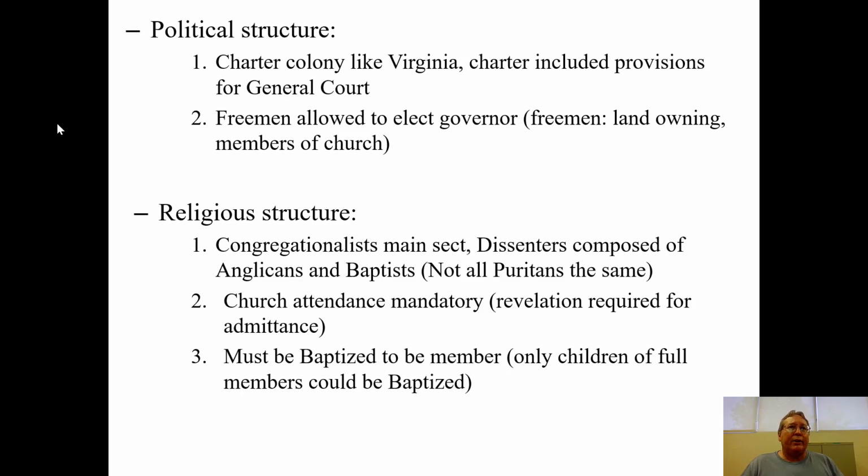Let's say you marry somebody from a neighboring community that's not part of your particular Puritan church. Well, now when you have kids, they can't be a member of either church because both parents aren't a member of the same church. So what you kind of see is these Puritans can sometimes be very focused, right? They can be very exclusionary. They can really say it's just us that are real Puritans, right?